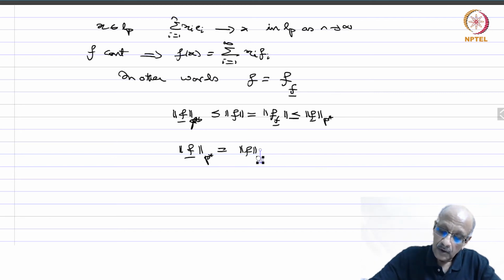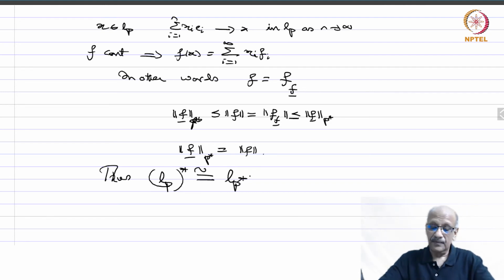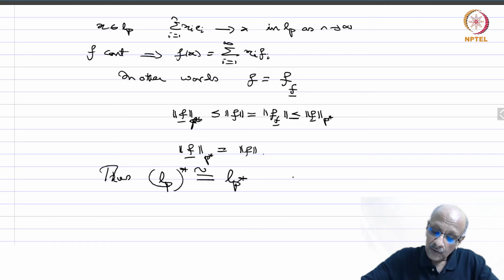Thus we have that LP star is isometrically isomorphic to LP star via the relation y going to f y, so f y of x is sigma xi yi.